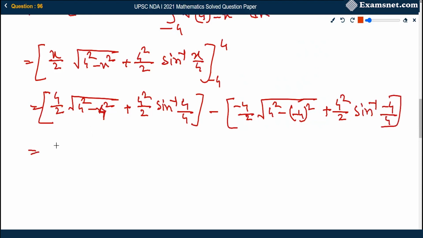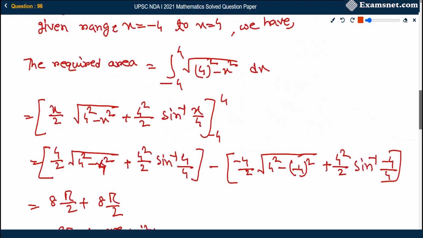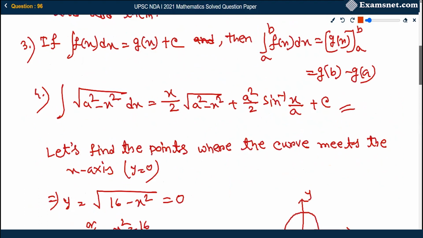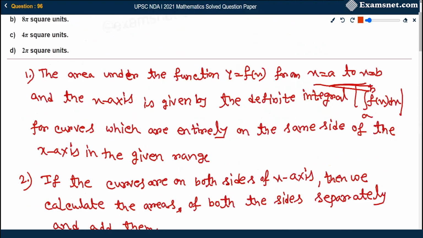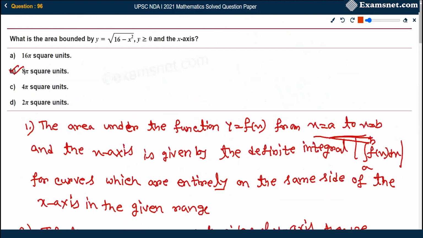So it will give us the value 8 pi by 2 plus 8 pi by 2. That means 8 pi square units. Okay. So here the required area is option B, 8 pi square units.